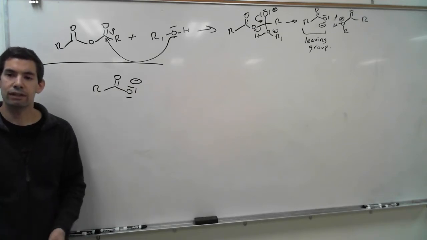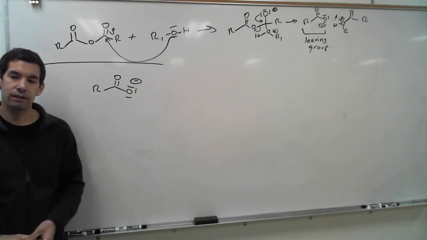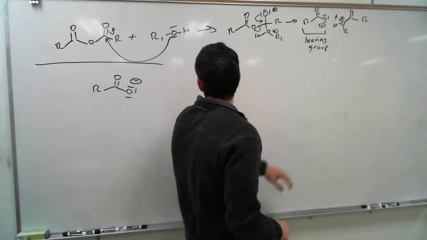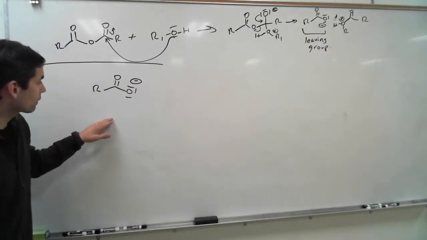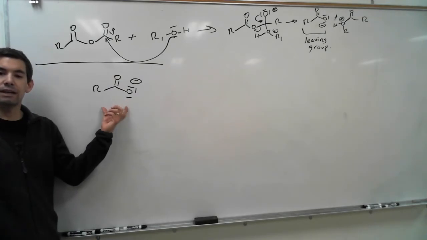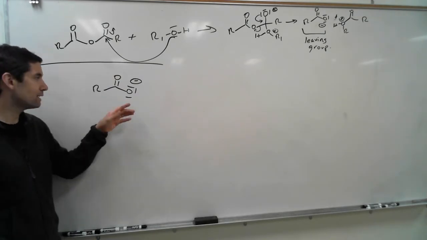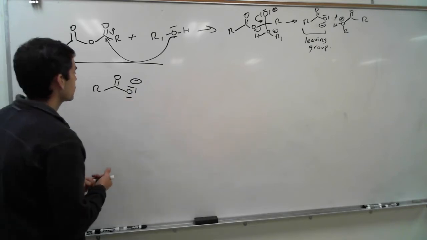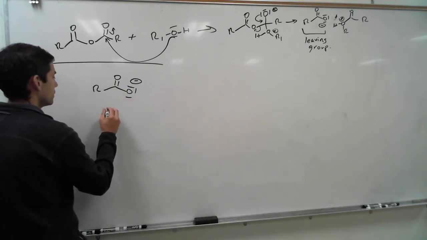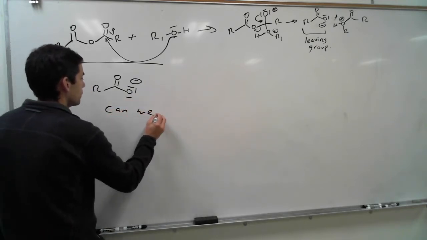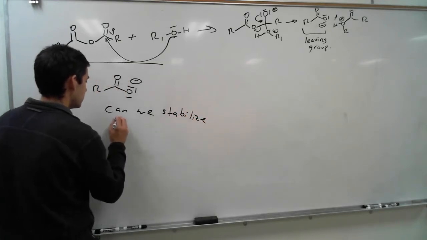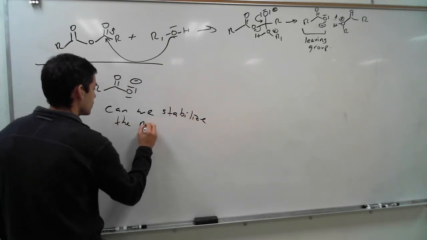What are the characteristics of our leaving groups? Remember, characteristics of our leaving groups are things that, when they come off, are very stable, right? They're not very reactive. So we have to look at this in terms of what's the reactivity of this? How reactive is this carboxylate anion, right? Is there any way to stabilize that negative charge? Can we stabilize the negative charge?